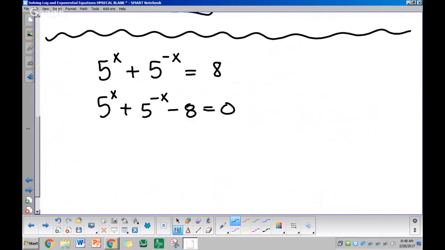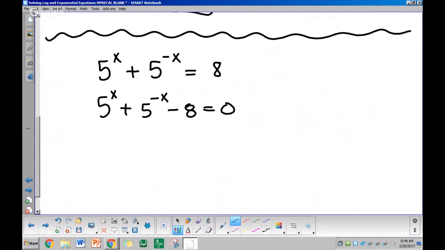Why can't we do what we did earlier with 2 to the negative x, with 5 to the x? You can factor that out, yes, but it's not going to make a quadratic.